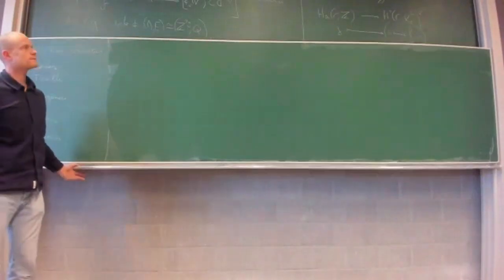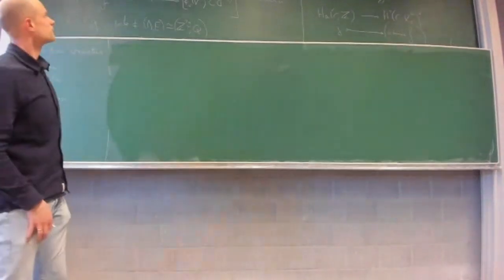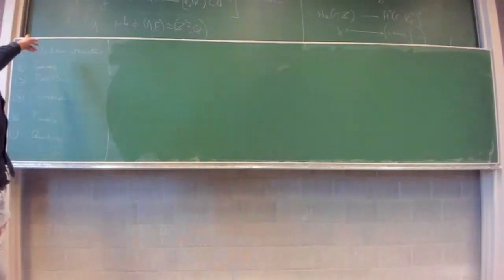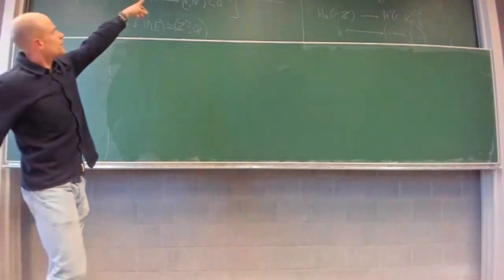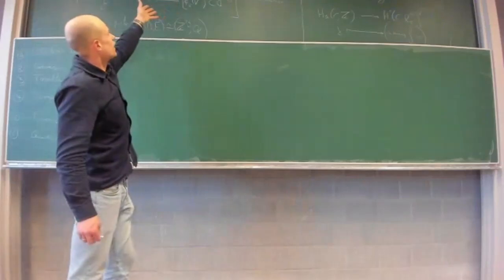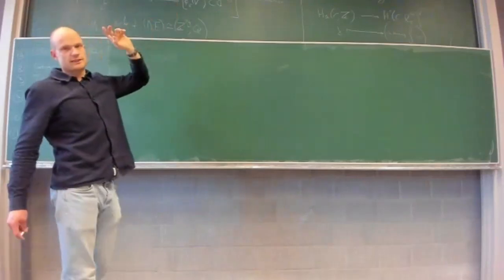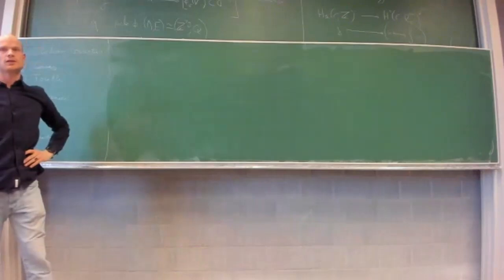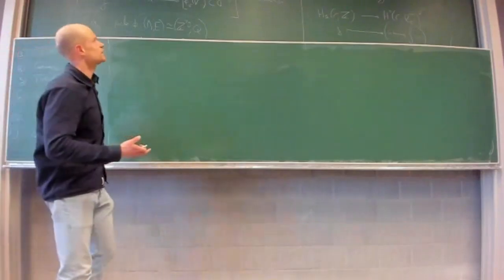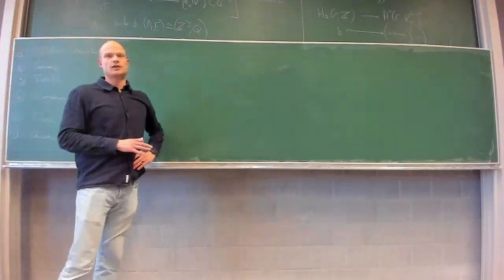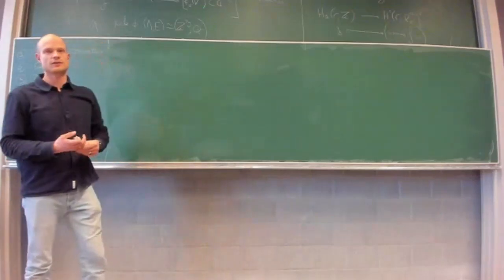I have a question. Is this the same as Siegel's upper half plane? Yes, this is a generalization of the upper half plane. If you take g equals 1, you get exactly the upper half plane. You don't get it by definition, but you can show that the two are canonically homeomorphic if you want.